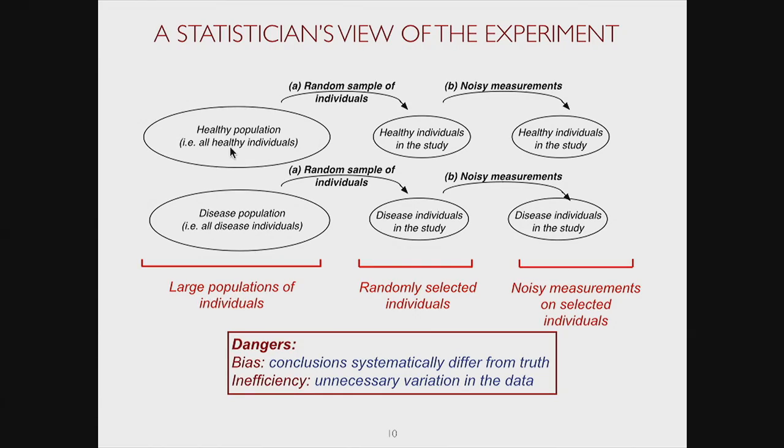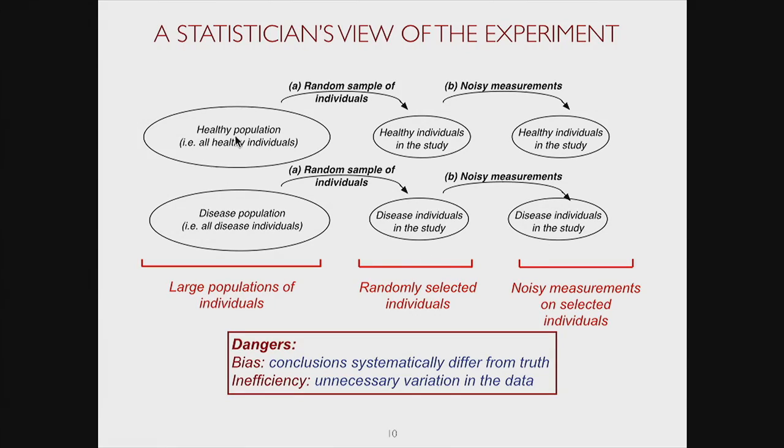So this is what we're interested in, this is what we do, this is what we observe. Now we try to use the observed data to make conclusions about what we don't see, about the underlying populations. And this, by the way, is what is called statistical inference. We use the data to infer something about what we don't see. So this is what happens in these larger populations.